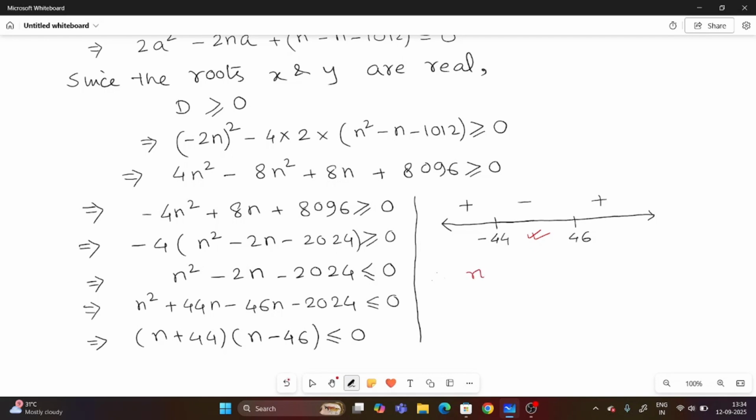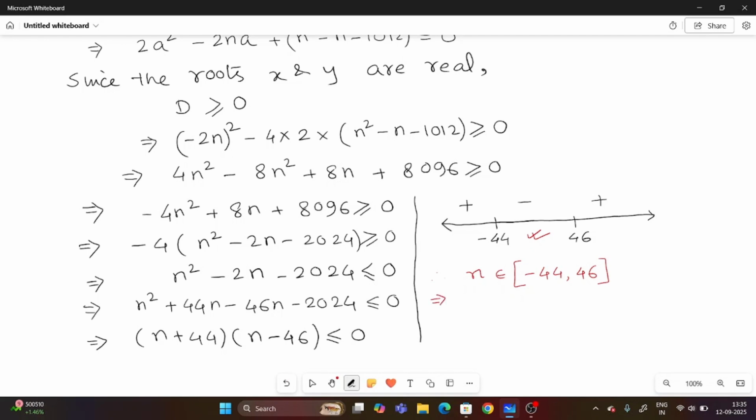So we can say n is an integer belonging to -44 to +46, where it is given that n is a positive integer.